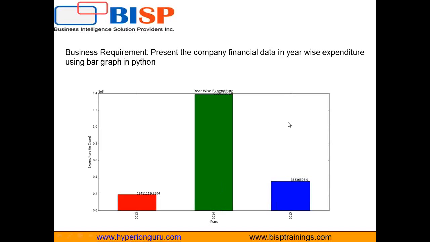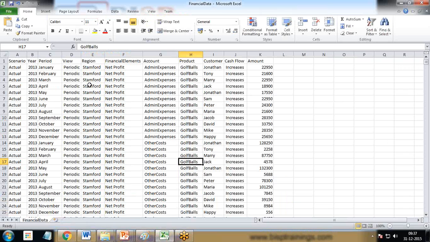So that's the requirement. First of all, let's have a look at the business data, which I received from my company. Let's suppose the company name is XYZ, and I received the financial data from that company, and there are various columns like scenarios, years, periods, views, region.